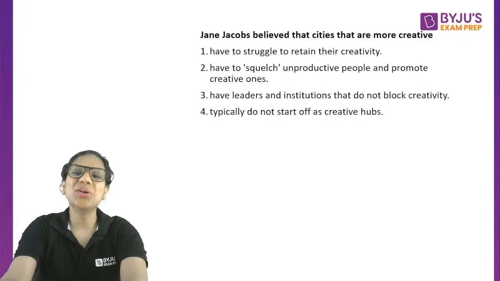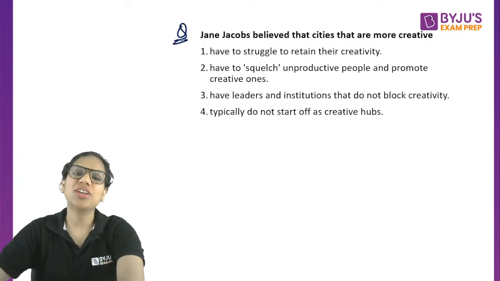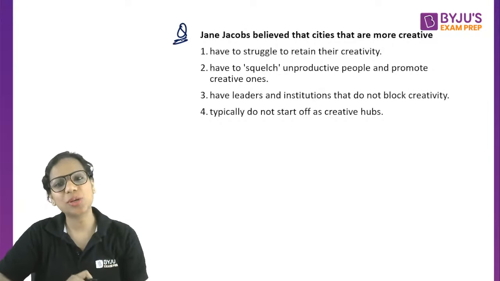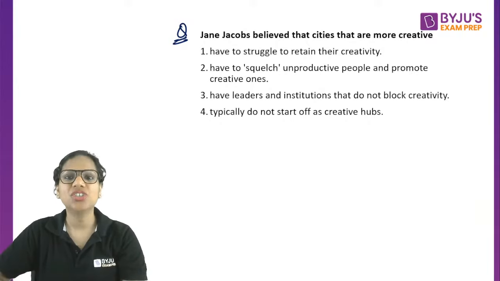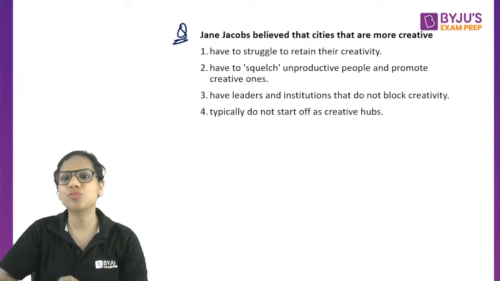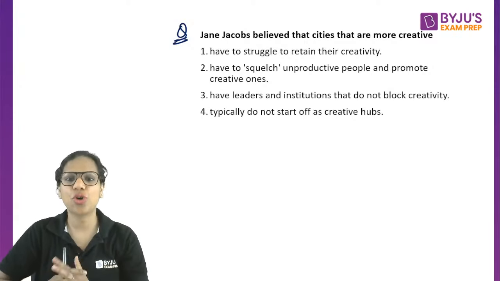Right. So, coming to the next question. So far we have learned how to attempt direct questions, inference questions, main idea questions. Let's see this question. Jane Jacobs believed that cities that are more creative. Now there are 4 options.